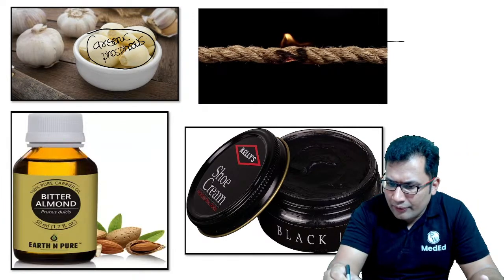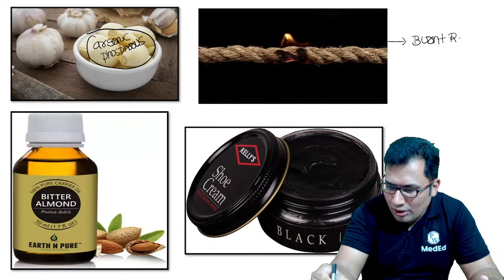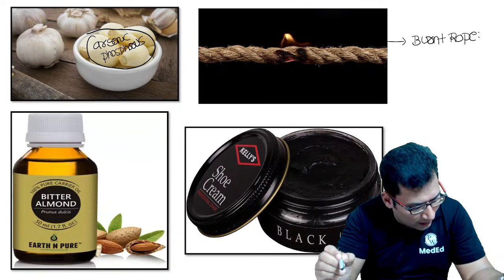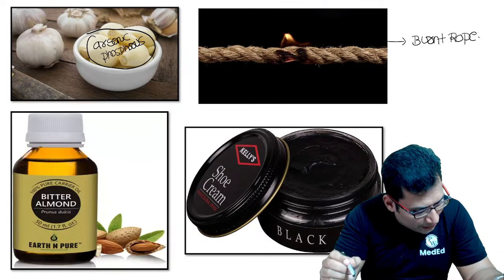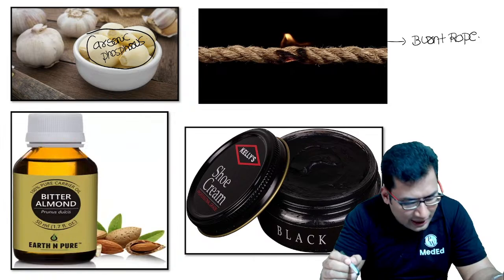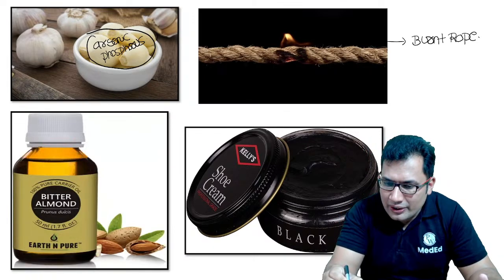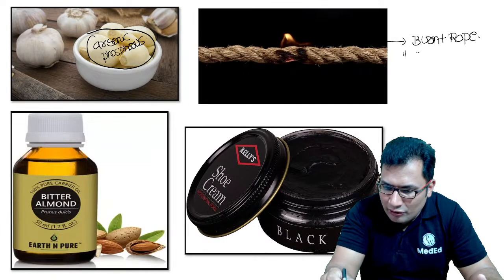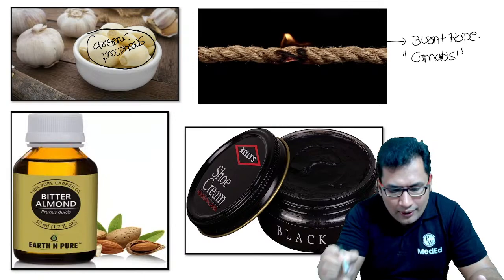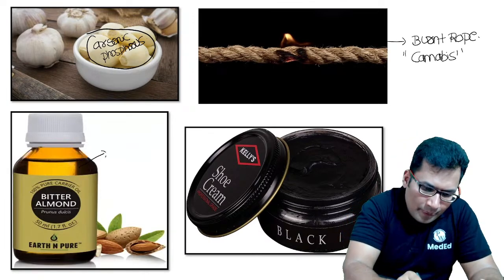Burnt rope smell. Yes, Manish. Burnt rope. Come on. Farah Ahmad, Dipesh Soni. Yes, Gurjar Dev. The burnt rope smell is in case of cannabis. Bitter almond in case of cyanide poison.